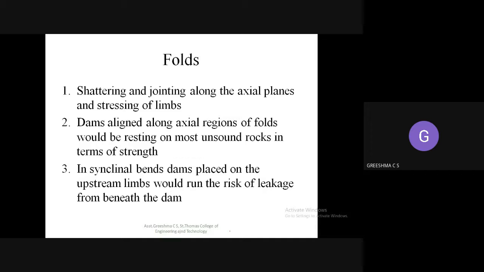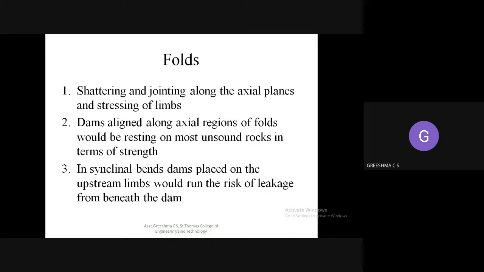Coming to the faults. Faults mean shattering and joints along the axial planes and thrusting of the limbs. So dams aligned along the axial region of the folds would be resting on the most unsound rocks in terms of strength. We have to see whether your proposed site has a fault or fold.